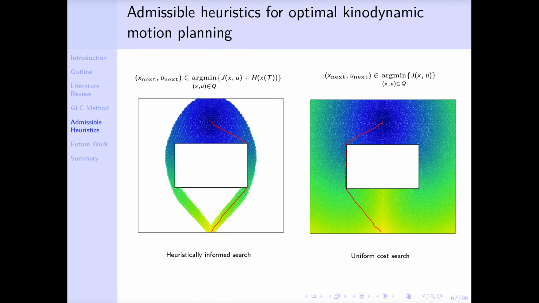You see on the left, the algorithm expands far fewer states before it finds a trajectory to the goal. And what's interesting is that the heuristic was least effective in informing the search on the backside of the obstacle, where we saw there was this accumulated gap earlier between the optimal cost to go and the heuristic.